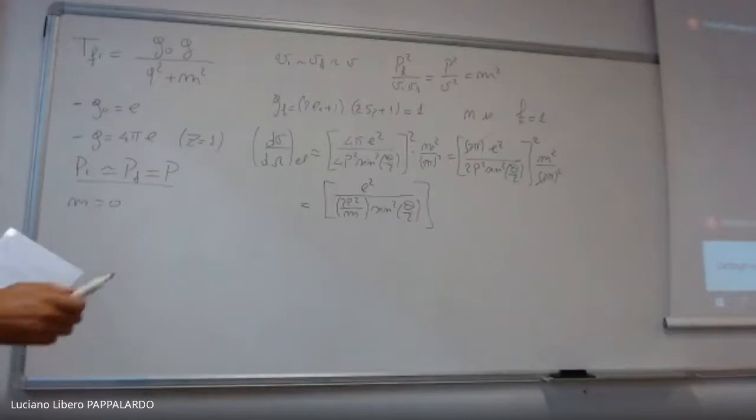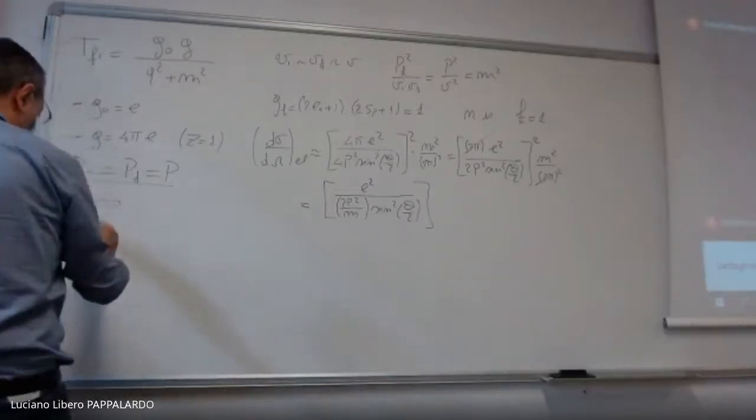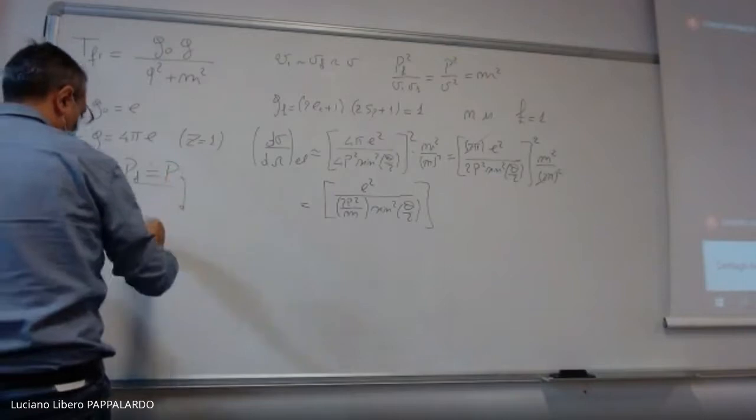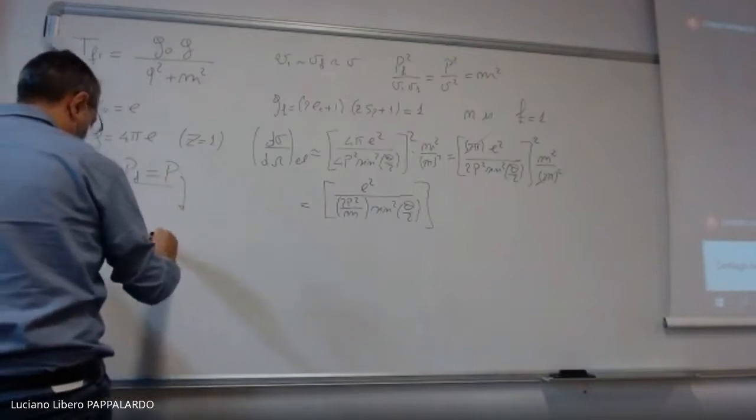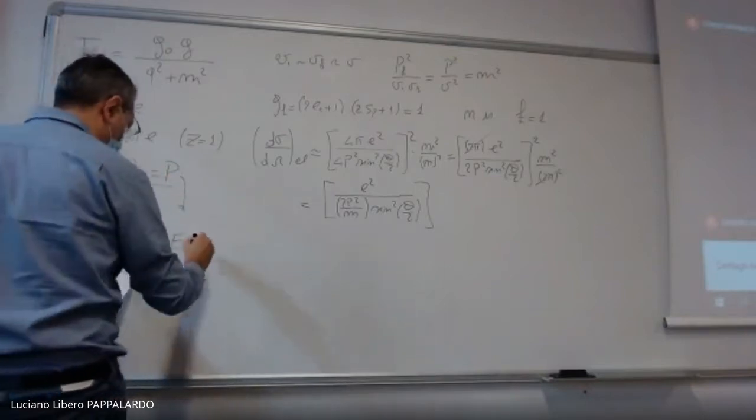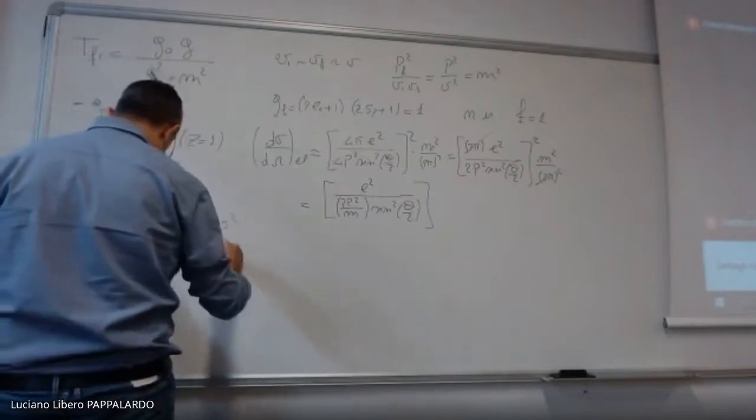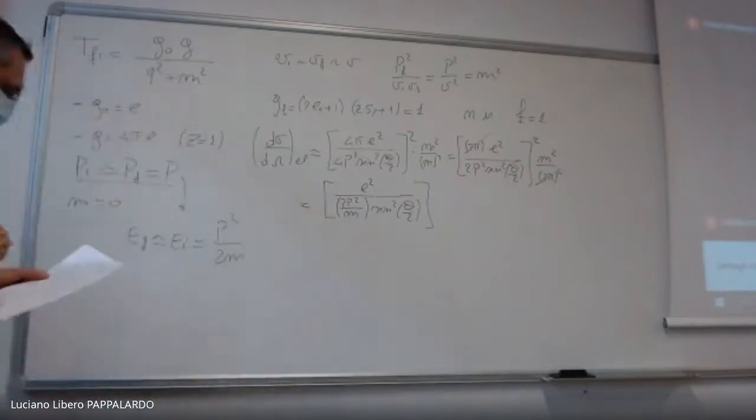The last consideration, still in a non-relativistic approach. Again, from here it follows that p_f is equal to p_i, and so this is p squared over 2m.